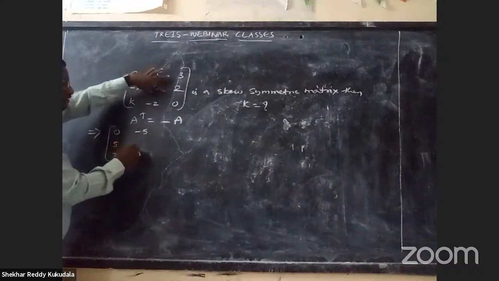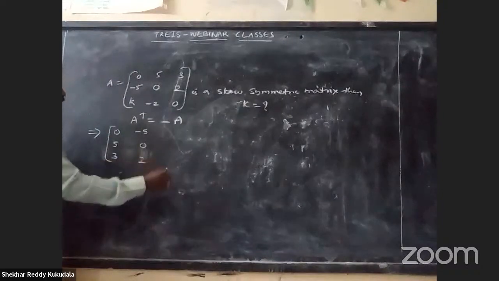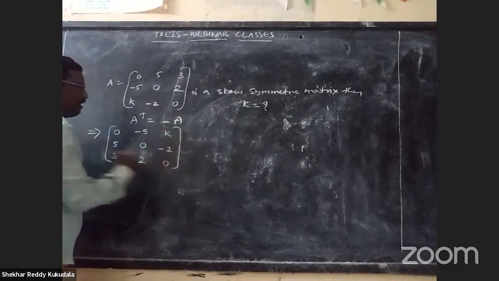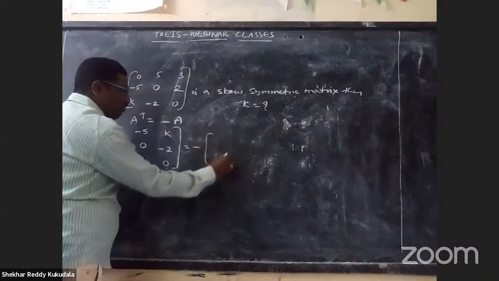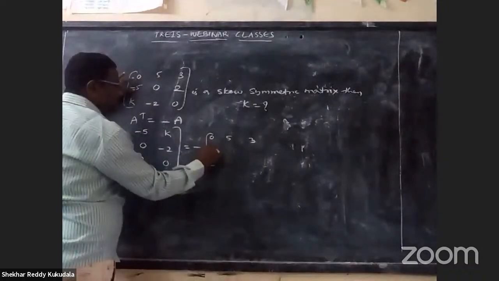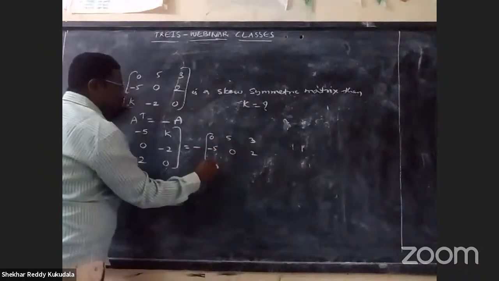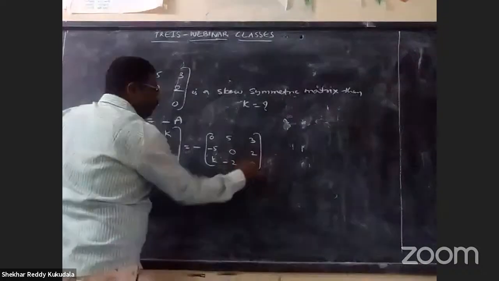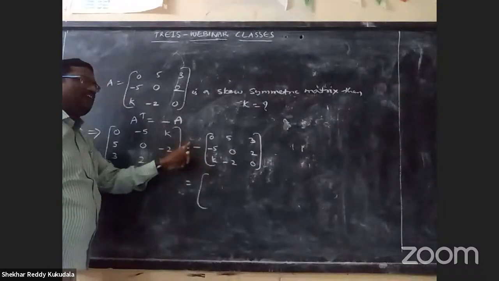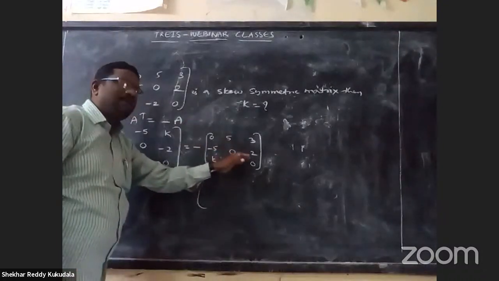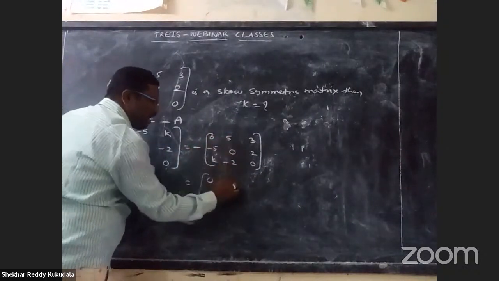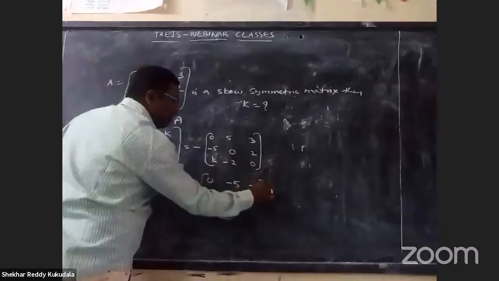The second row written as the second column: minus 5, 0, 2. And the third row written as the third column: k, minus 2, 0. This is equal to minus of A, where minus 1 as a scalar is multiplied by every element inside the matrix. So minus of 0 is 0, minus of 5 is minus 5, minus 3.